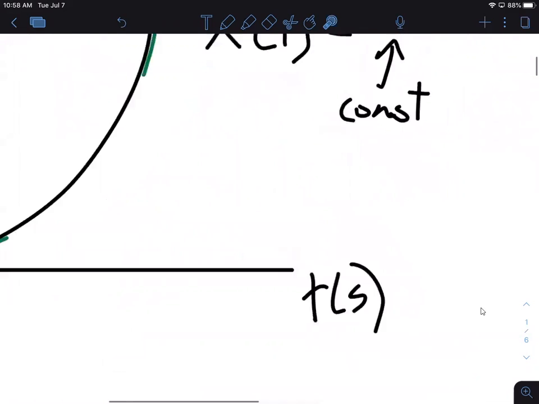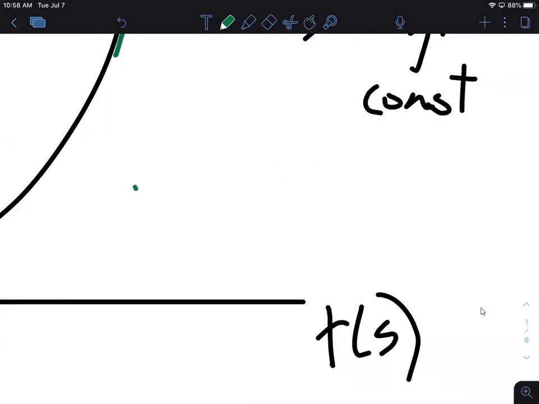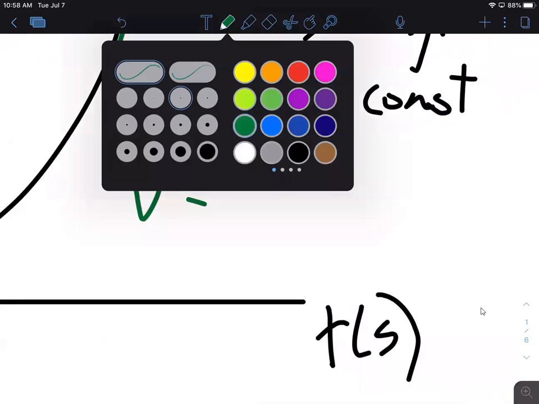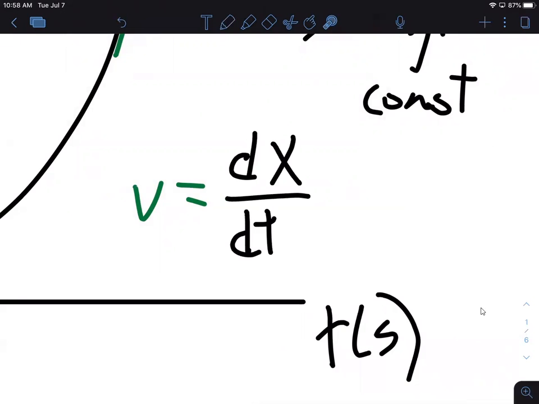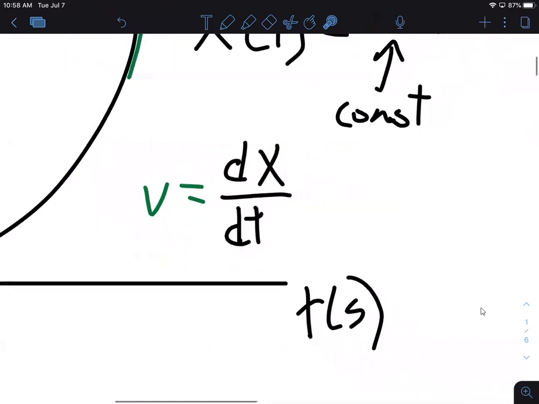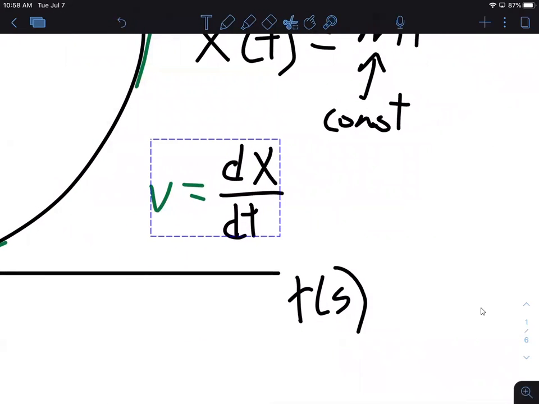The way I write that, I'm looking for the velocity, which we're going to call the derivative of the position with respect to time. So the way I write that is dx dt. You can sort of think of these d's standing for delta, right? Change in position over change in time. Well, that's velocity. So that's our symbol for the derivative.